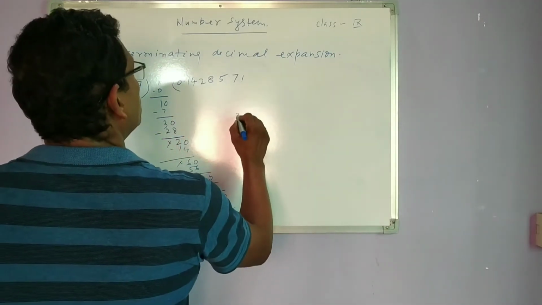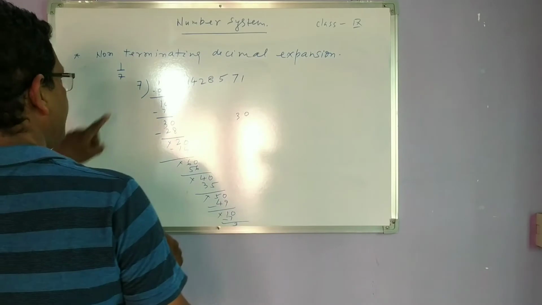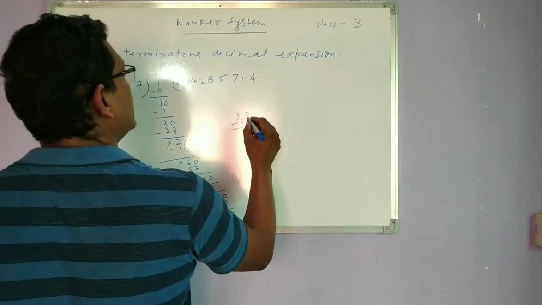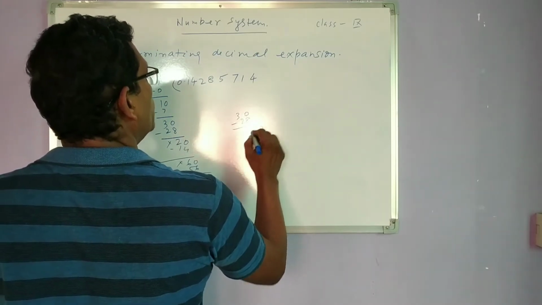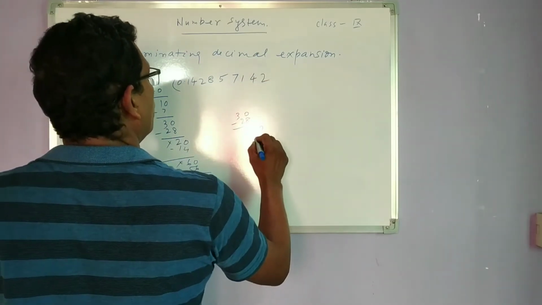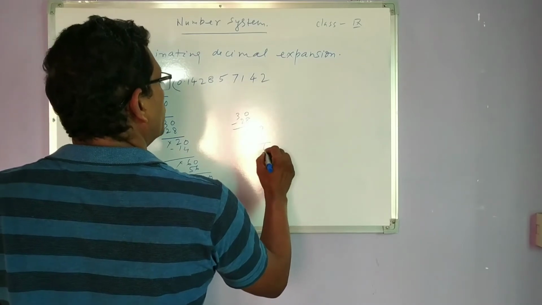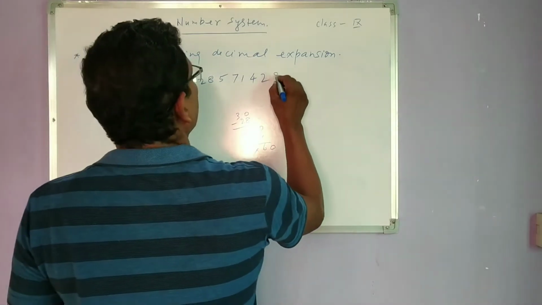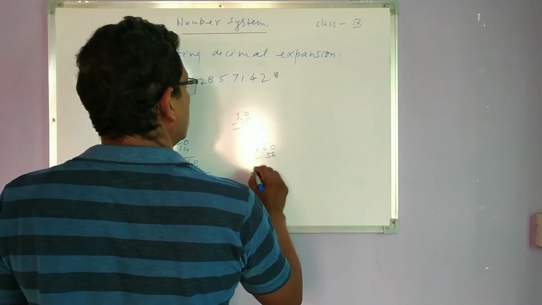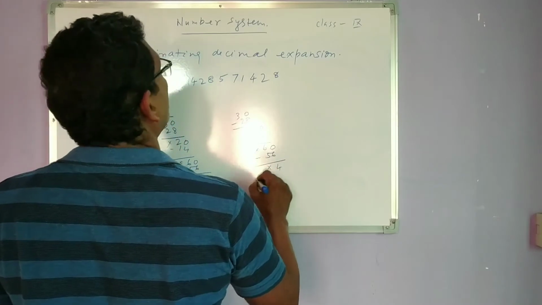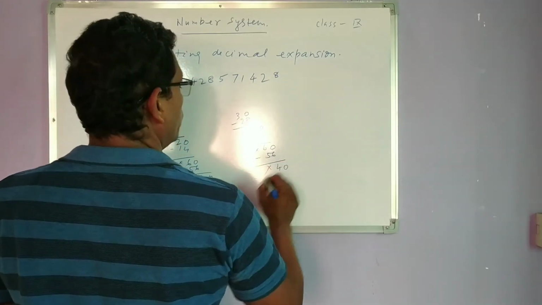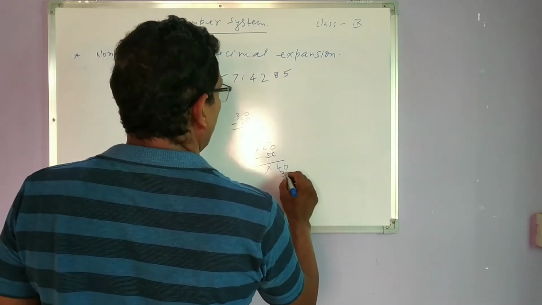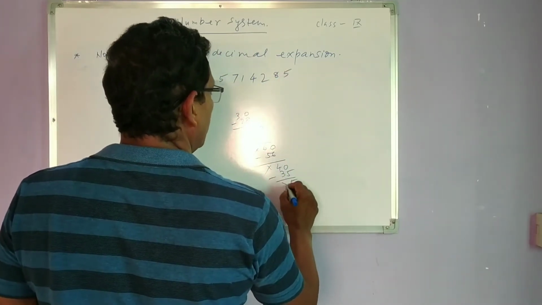Then put 10 from your side and 7 times 4 is 28. Subtract 10 minus 8, 2. Put 10, 7 times 2 is 14. 10 minus 4, 6. So put 10 here. 7 times 8 is 56. 10 minus 6, 4. Again put 10, 7 times 5 is 35. 10 minus 5, 5.